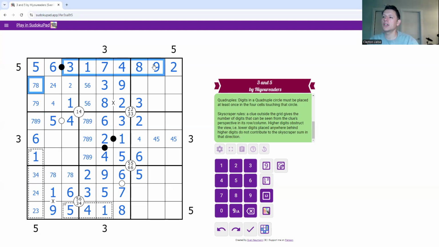How many 9s see this box now? We can place a 9, can't we? 9 can't be there. And 9 can't be there. This is actually a 9. Okay, so now we're going to see these 3 guaranteed.